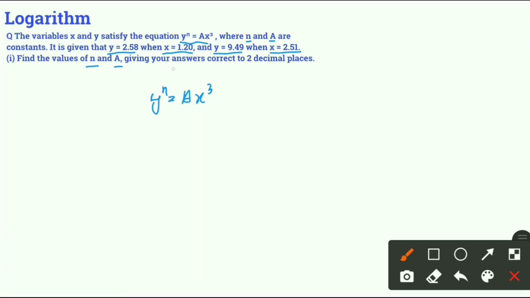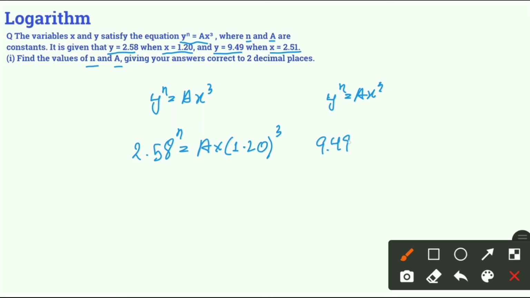Okay, so it is given that y is equal to 2.58 when x is equals to 1.20. So 2.58 of power n is equals to a multiplied by 1.20 of power 3. Then another one, y is equals to 9.49 is equals to a multiplied by 2.51 of power 3.